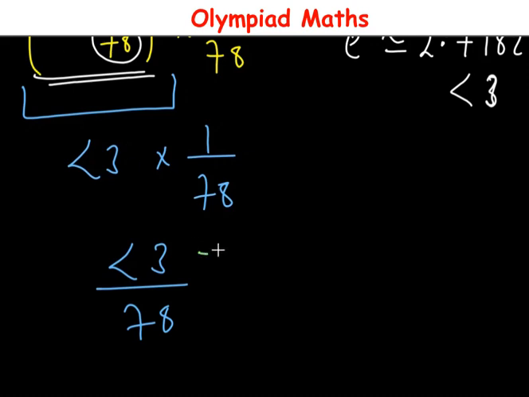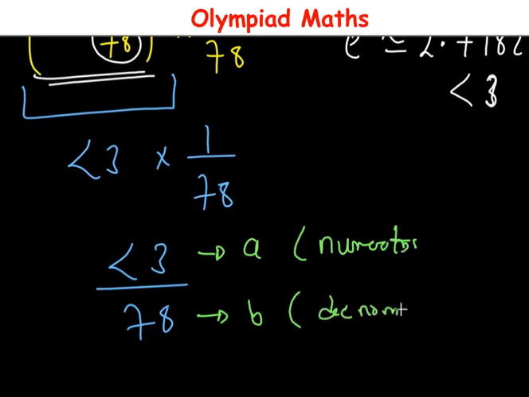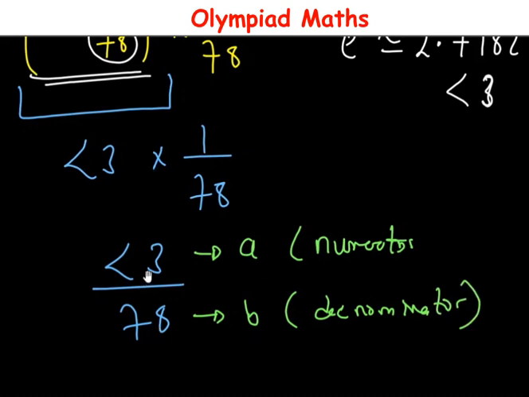Don't forget that this is simply equal to A over B. A is the numerator while B is the denominator. So looking at this, if we divide a value less than 3 by 78, what you will get is a value that is less than 1.